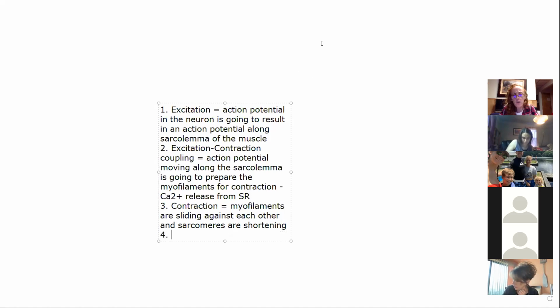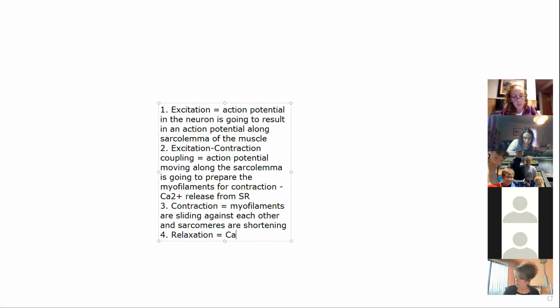Or is the relaxation. Calcium. Okay, so that the muscle relaxes, myofilaments relax. They go back to their relaxed length.